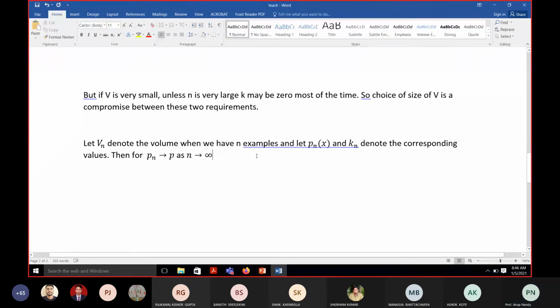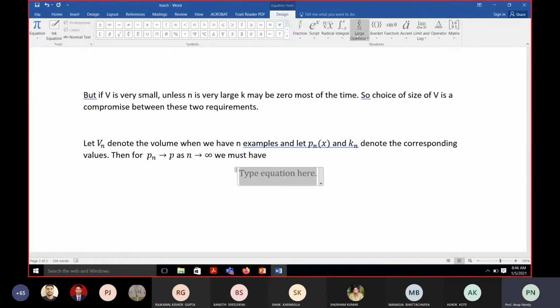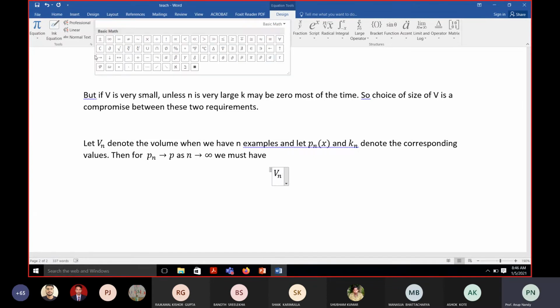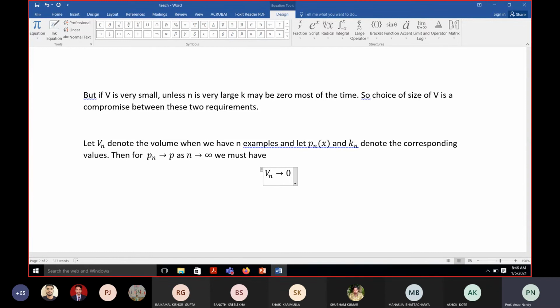We must have V_n tending to 0 if n is tending to infinity. You just see the formula. If this condition is satisfied, as n tends to infinity, then p_n tends to p. So V_n must tend to 0.